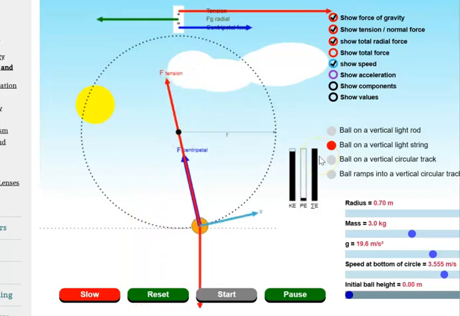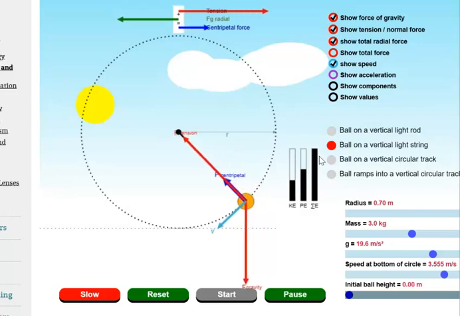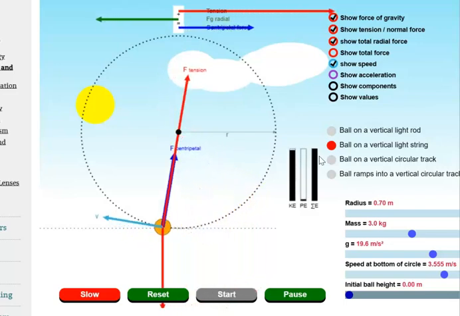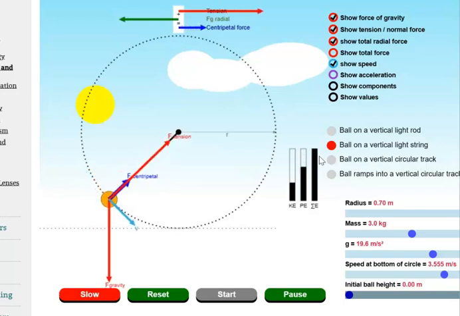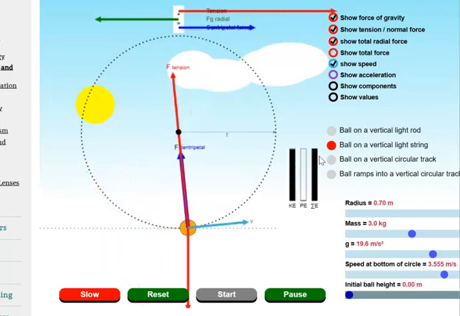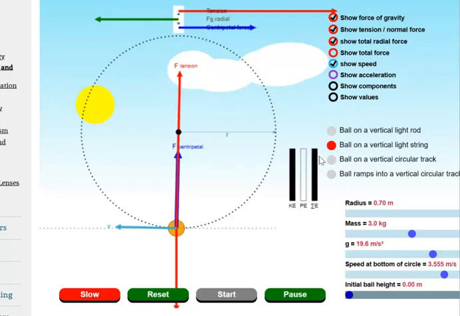The energy stays within the system, but it's just transferring, and that mechanical energy, that sum total, can be broken down into kinetic energy and potential energy. When it is moving, it has kinetic energy, and we can measure the change in potential energy.